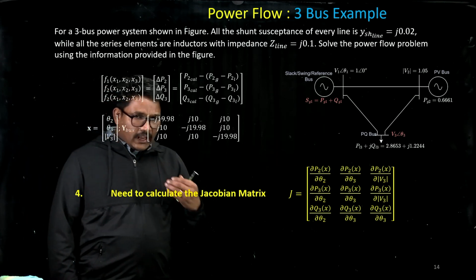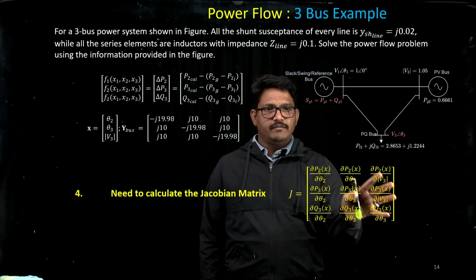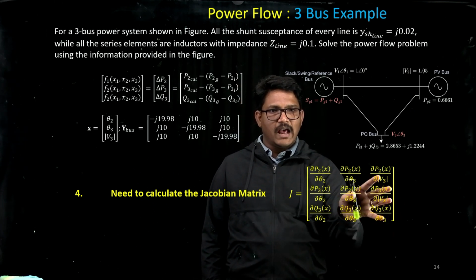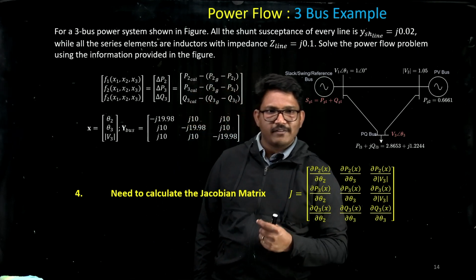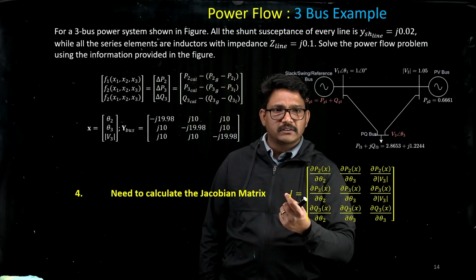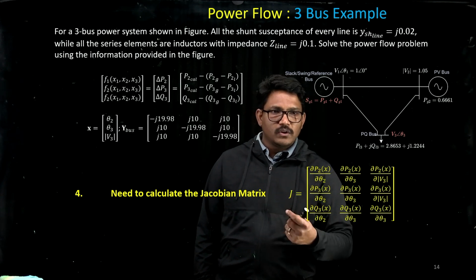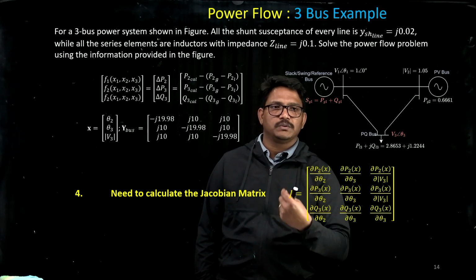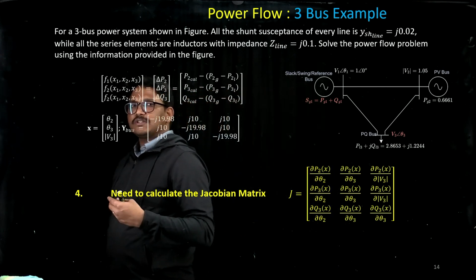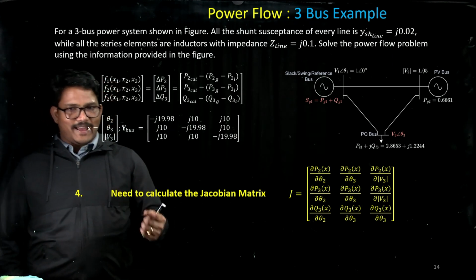Now, in the case of the iterative process, we need to know the functions that we have in this Jacobian matrix. In order to get that, first we need to have an expression for P2, P3 and also Q3. These are nothing but the expressions for the known quantities of real and reactive power.